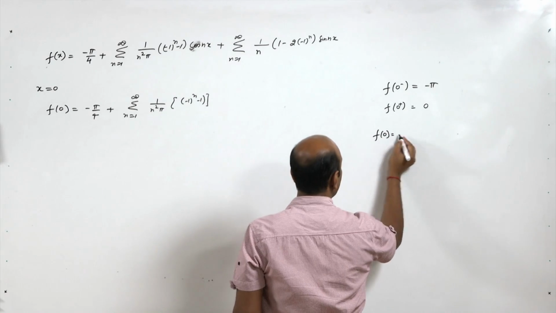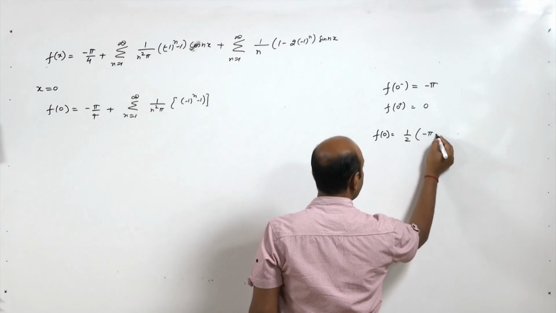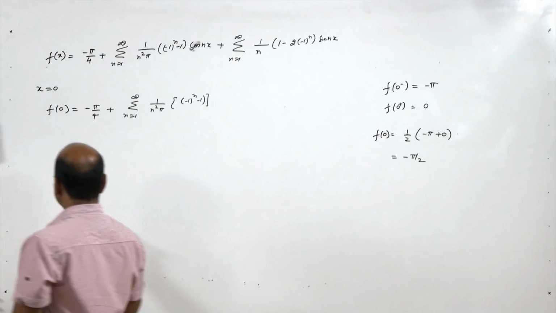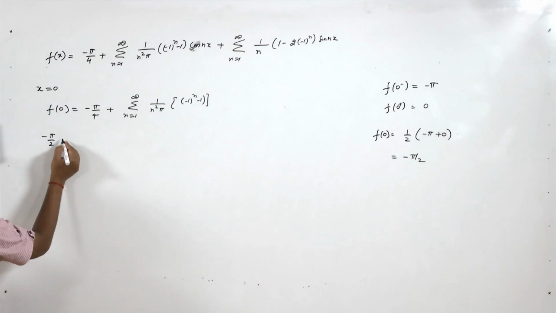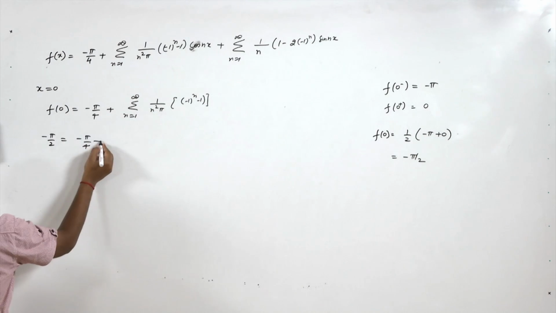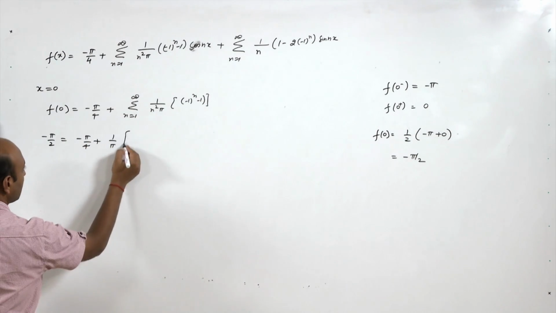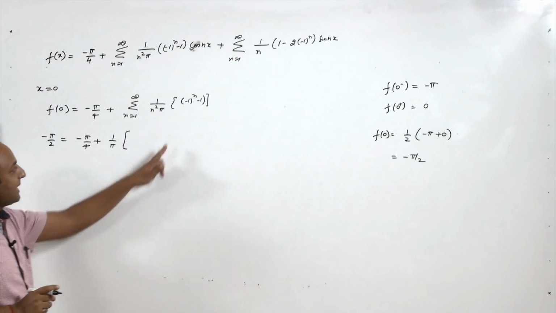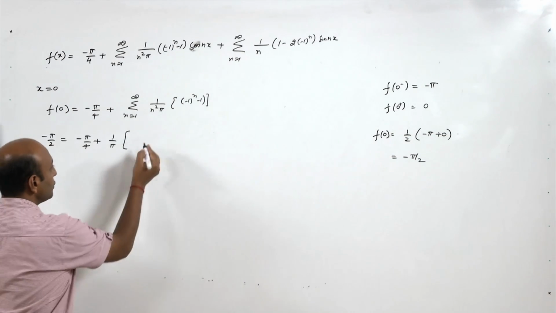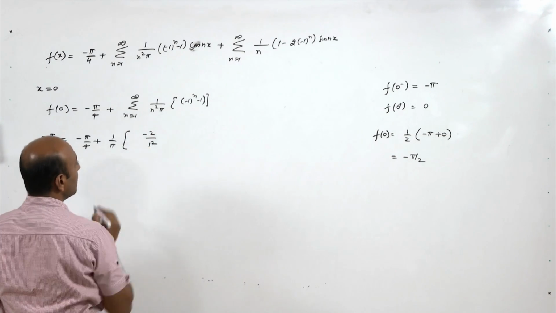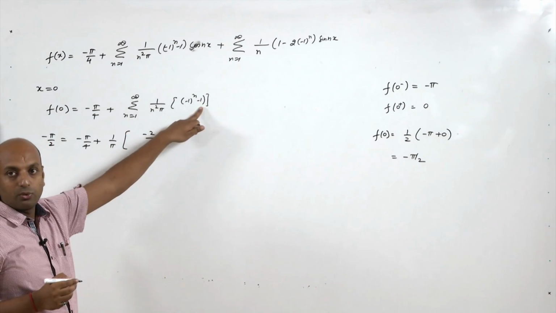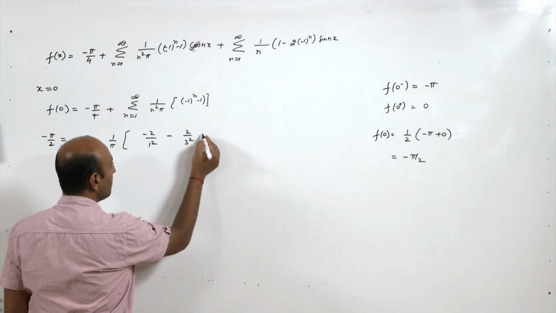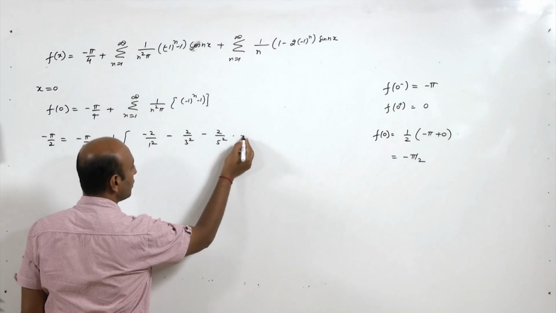It is the average of the two, 1 by 2 into minus pi plus 0, which is minus pi by 2. So, minus pi by 2 is equal to minus pi by 4 plus 1 upon pi, come outside. When n is 1, it is minus 2 upon 1 square. When n is 2, it is 0. When n is 3, it is again minus 2 upon 3 square, then minus 2 upon 5 square, and so on.